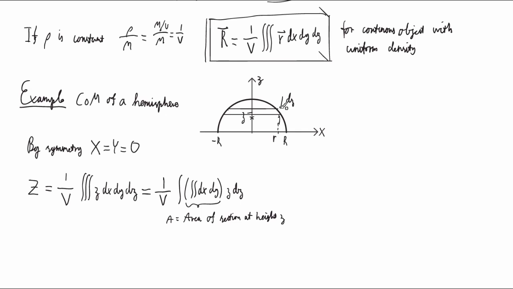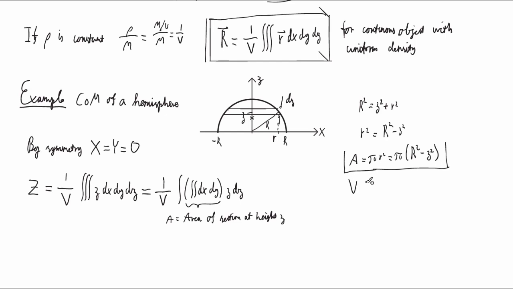That's this radius here, and we know just from Pythagoras' theorem, this distance there is of course capital R, that capital R squared is z squared plus little r squared, or in other words that r squared is capital R squared minus z squared. This means that the area, which is pi little r squared, is actually going to be equal to pi times capital R squared minus z squared. So that's A.